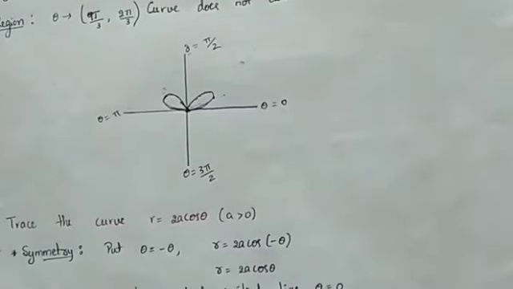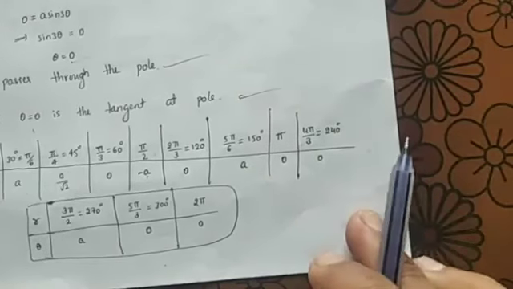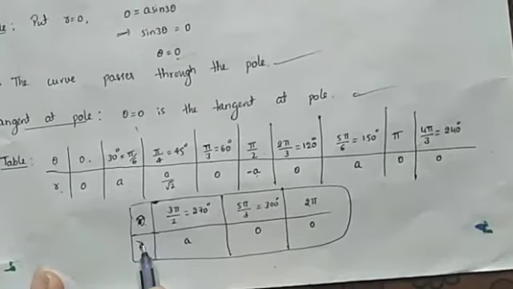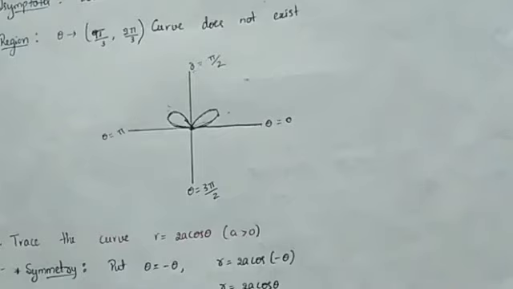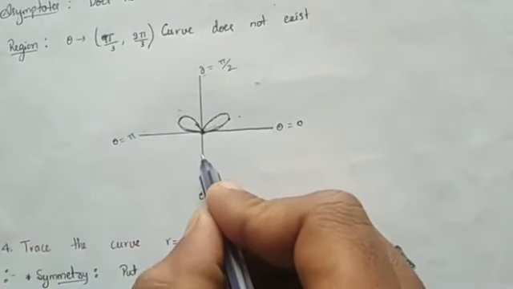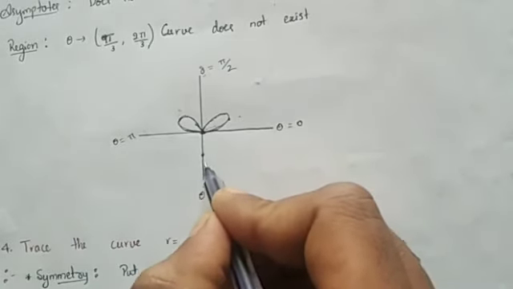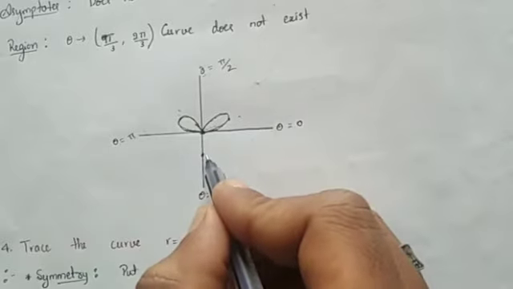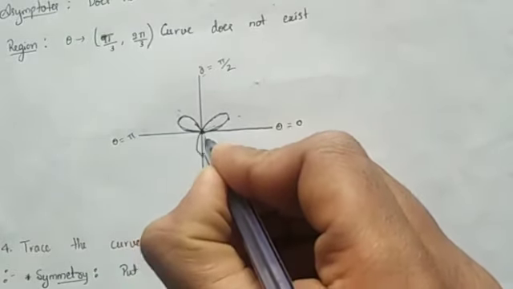The next point is, for the theta value 240 degree, the value of r is 0. For the theta value 270 degree, the value of r is a. This is the 270 degree angle. In this angle, the value of r is a. You draw the curve like this.